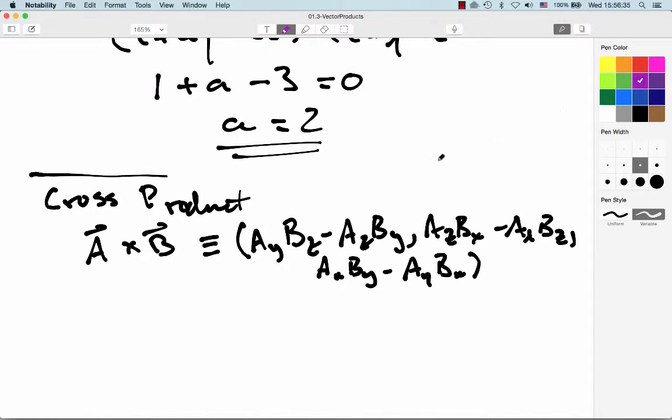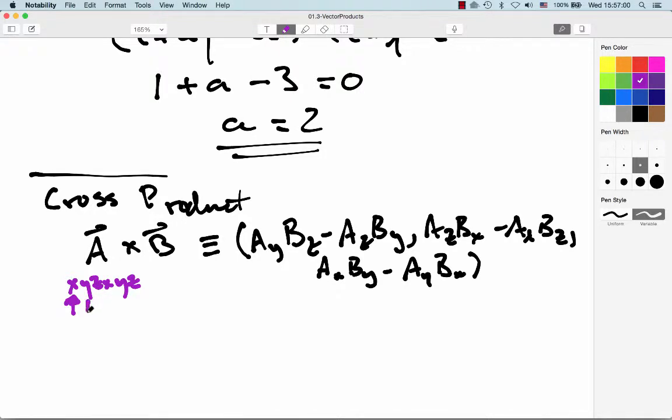Now that's a mouthful to have to remember. Unfortunately, I do have sort of a cheater's mnemonic for it. If you write xyz, xyz twice like that, to get the x component, you put a little arrow under the x there, and you look at the next two letters, and that tells you yz. See, y, y, z, z. And then you minus and flip the subscripts.